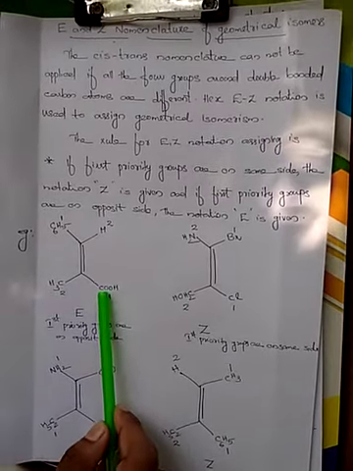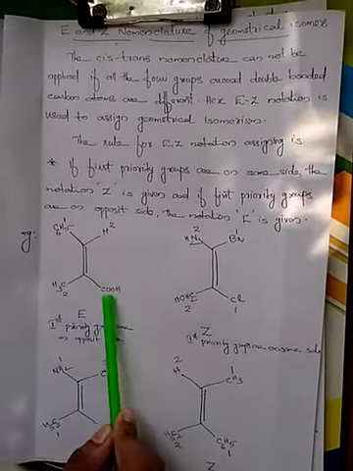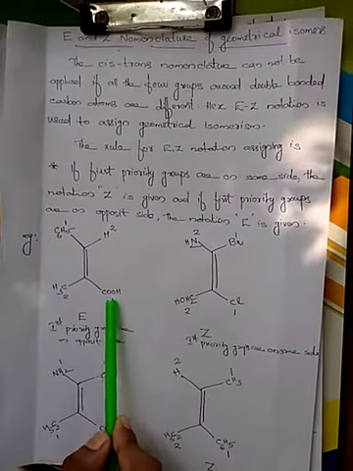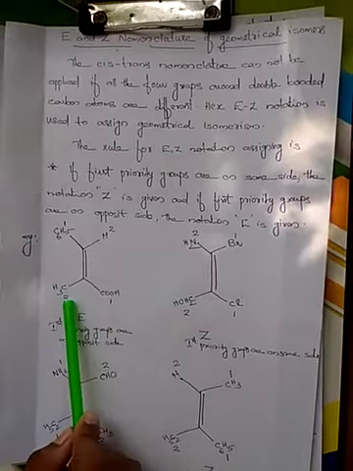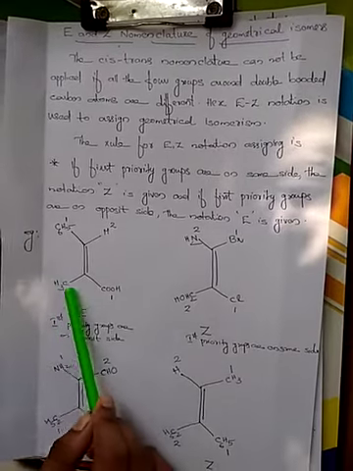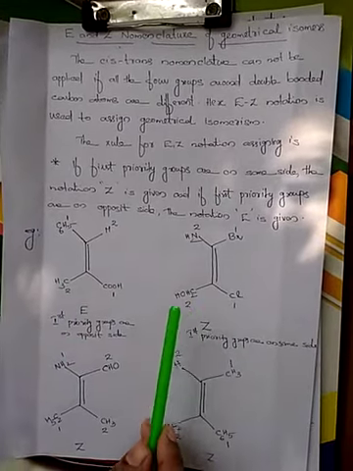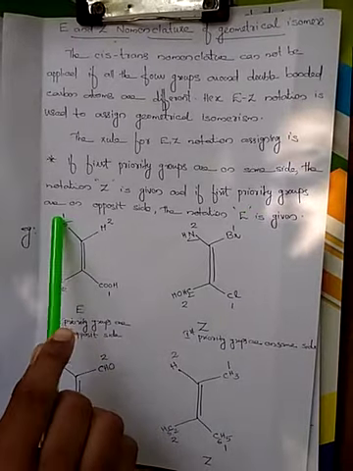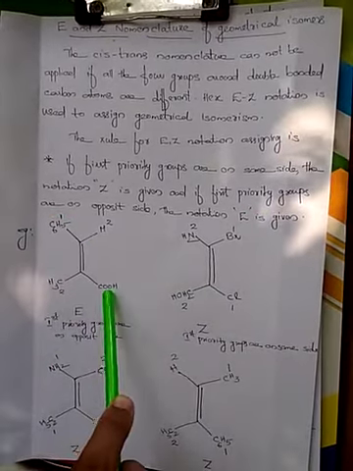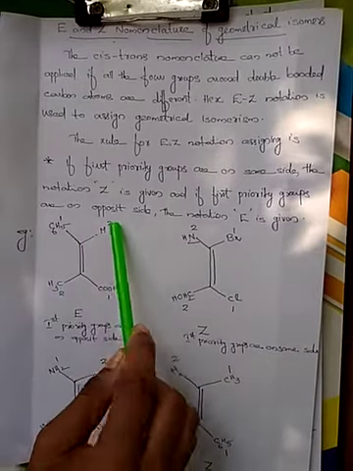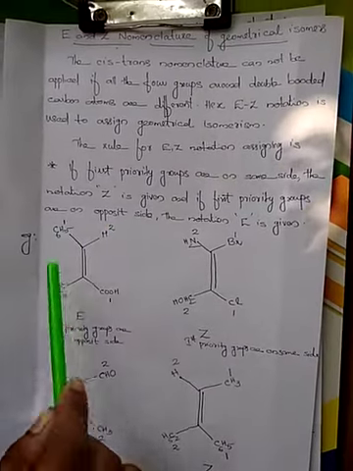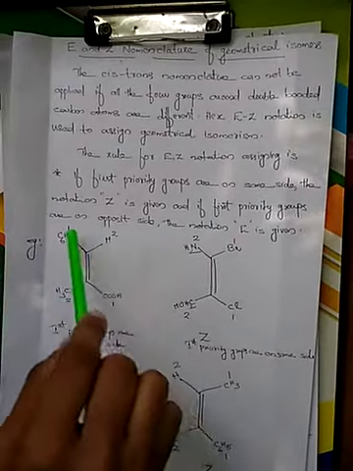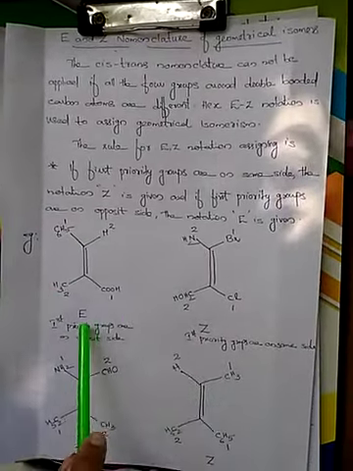We know that COOH has higher priority due to higher molecular weight. So priority number 1 is given to COOH and priority number 2 is given to CH3. Then you look at example 1. Priority number 1 is here, priority number 1 is here. Priority number 2 is here, priority number 2 is here. Both are situated in opposite directions. That's why it is assigned as E.